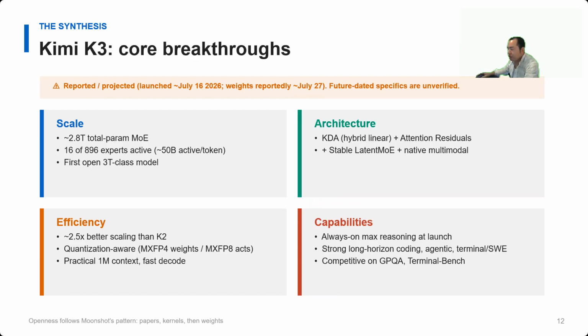More crucially, I think it really follows Moonshot's openness policy and pattern. They release the papers, models, and hopefully next week the weights will also be open to the public.